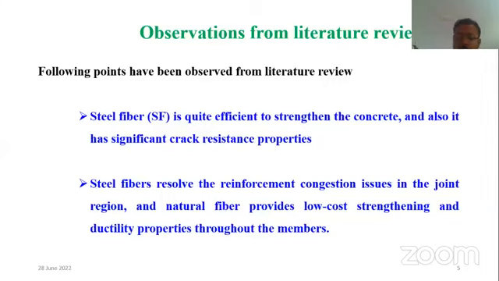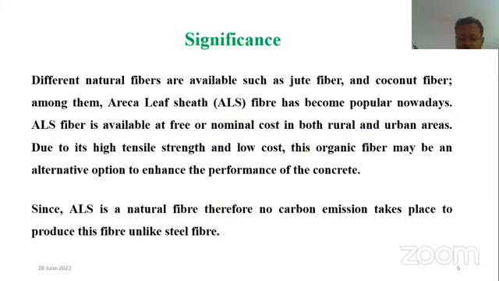The other part of the literature review is that, apart from steel fiber, the available natural fiber offers low cost strengthening and ductility property to the concrete. Okay. So now, apart from steel fiber, we can also use the natural fiber that is available at low cost, and also it gives the strengthening and ductility property to the concrete.